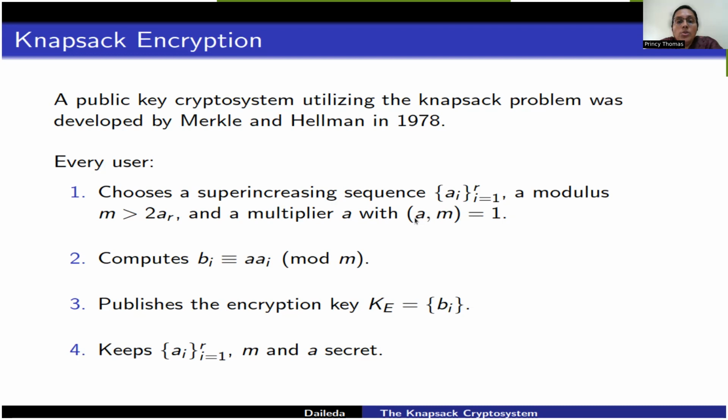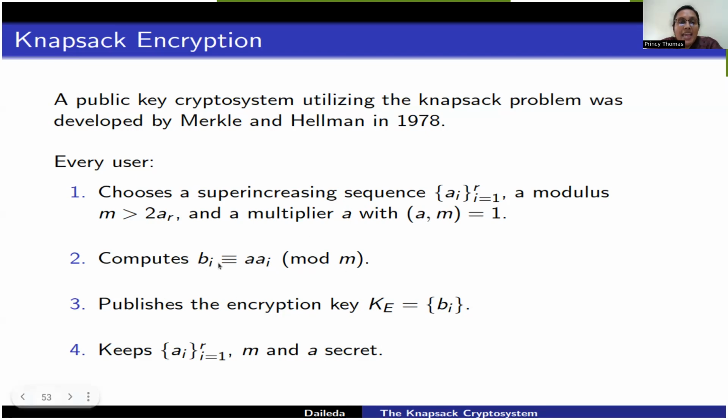Okay. So now we have the value A, we have the value M, and we have got the sequence AI given to us. Okay, so for the next step, once we have the sequence AI, M, and A, we calculate BI is equal to A into AI mod M. Okay, so what is BI?